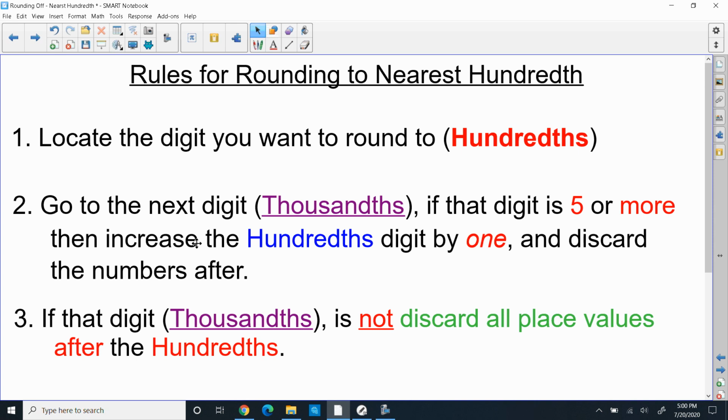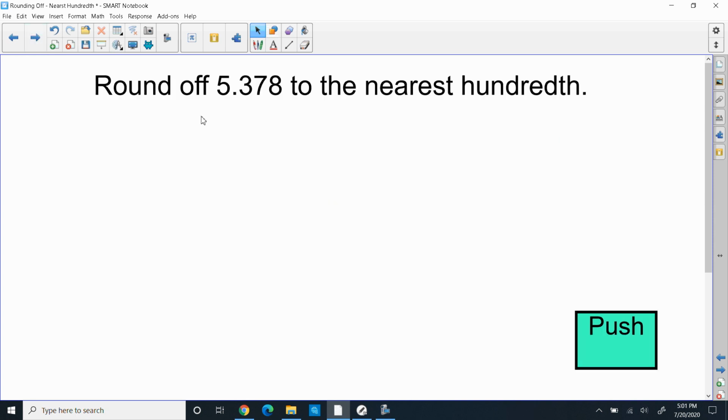If it is, we increase the hundredths digit, which is the place we want to round, by 1 and discard the numbers after that. If that digit in the thousandths place is less than 5, we discard all place values after the hundredths. So let's go to an example and look at it.